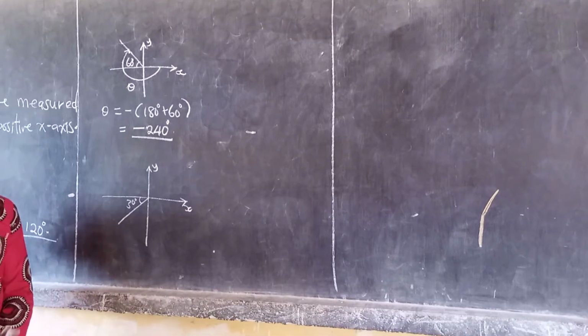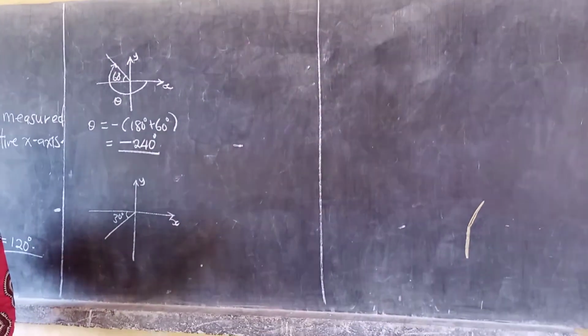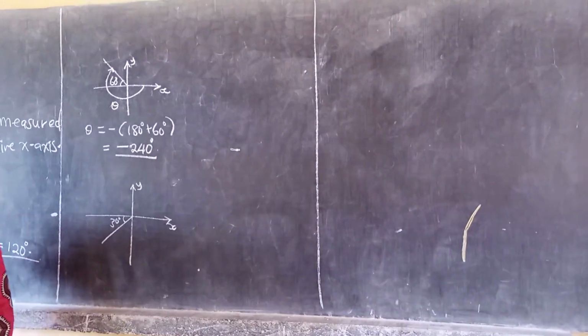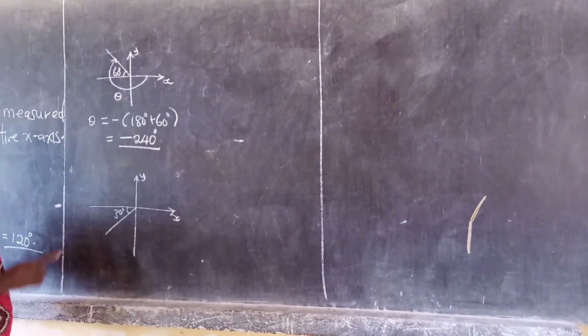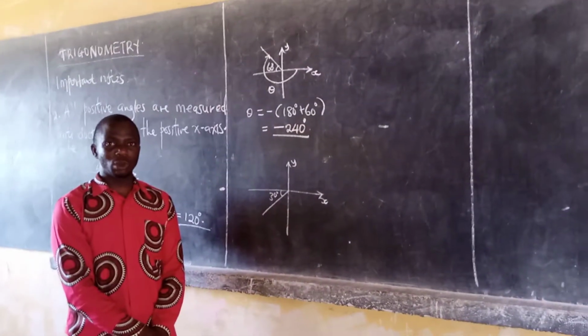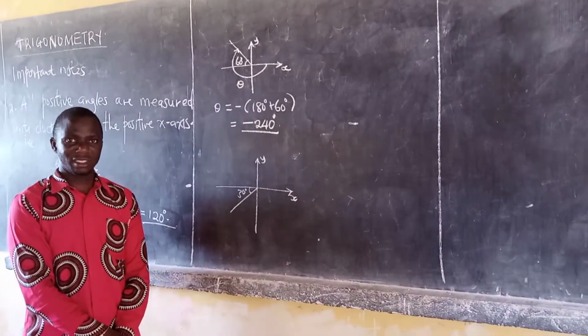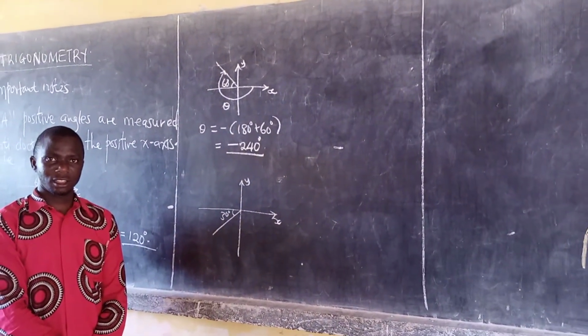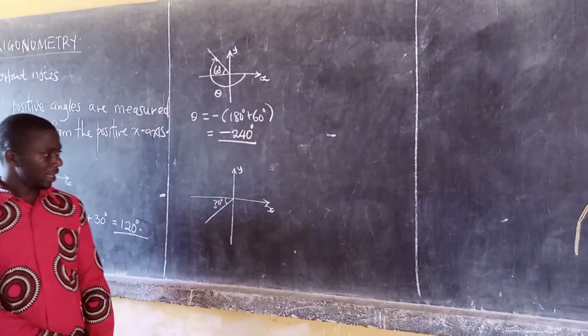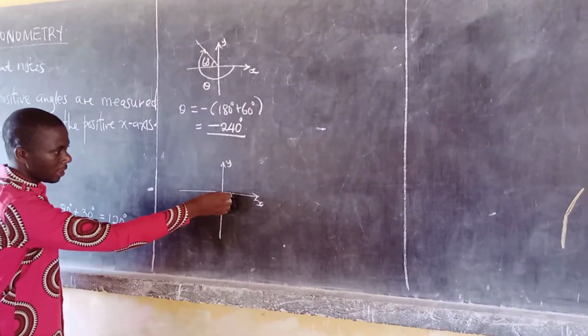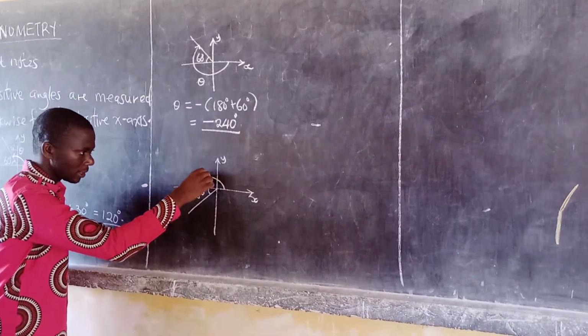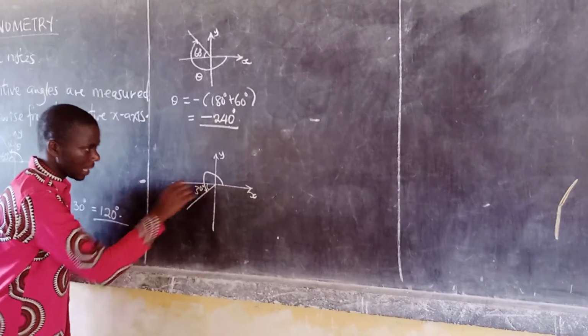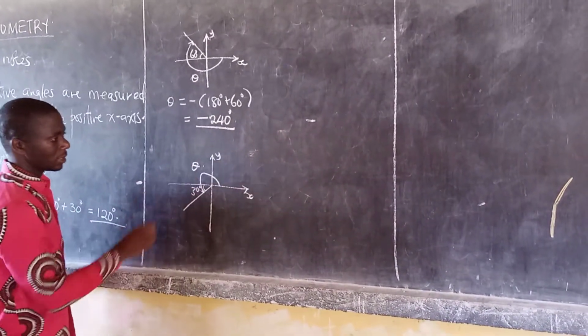At the beginning we said we should have a book. Please draw that line. Try to indicate what angle that is, the positive angle. I'm very sure you are doing it. Okay, let's do mine. We go like this, and then like that. So this is our theta.